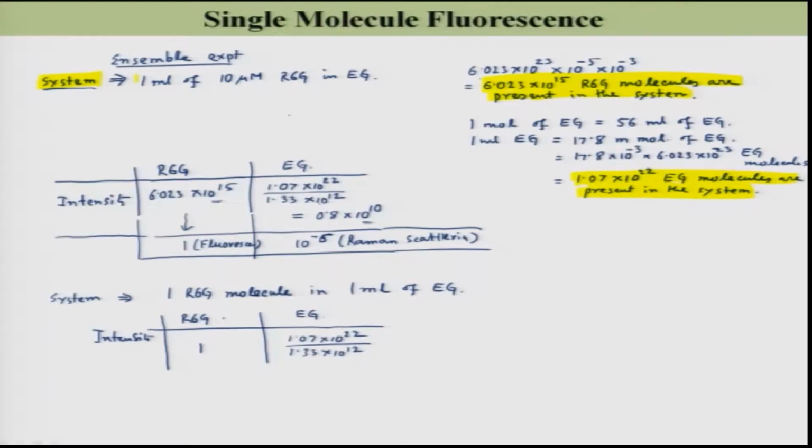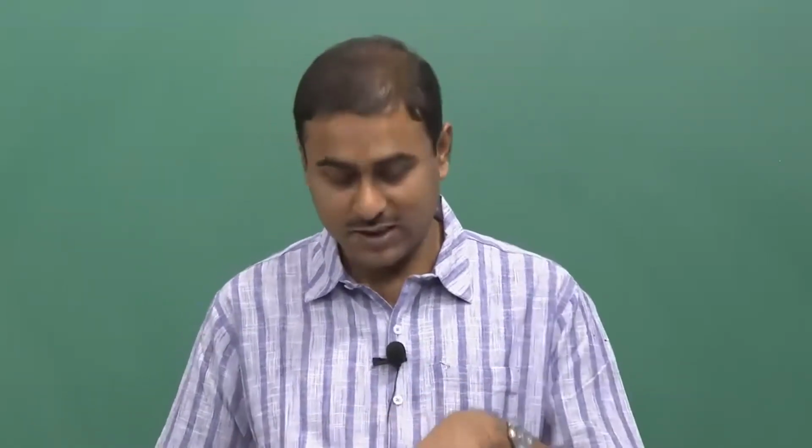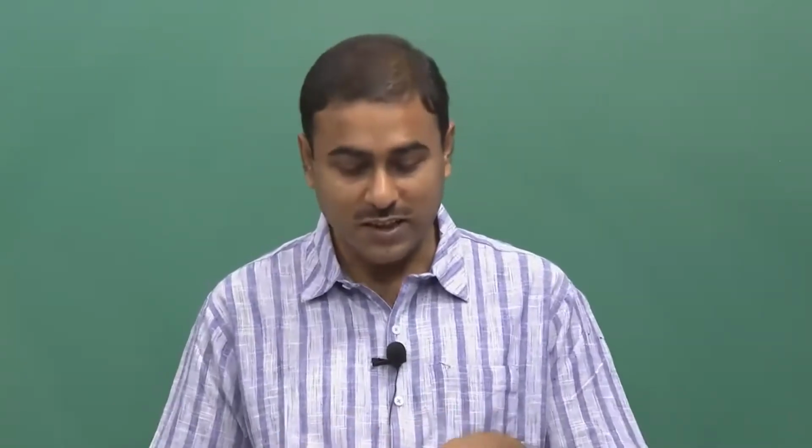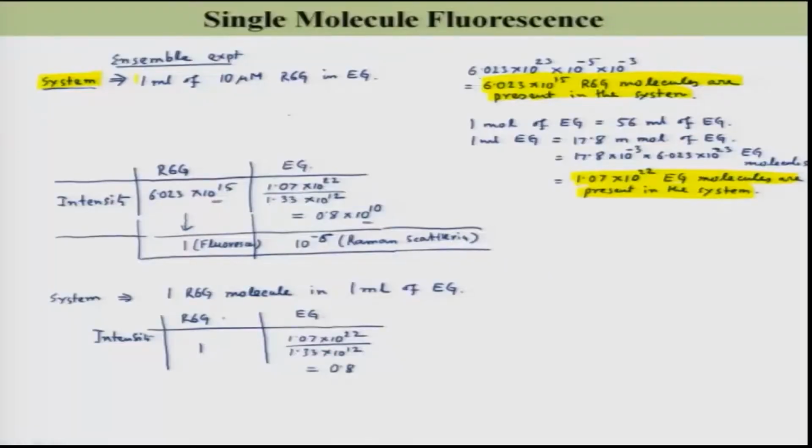Basically, this number is the same, and it has to be equal because it depends on how much ethylene glycol you have taken. In this case 1 ml, in this case also 1 ml, but here you had taken a 1 micromolar solution of rhodamine 6G. So the number of rhodamine 6G molecules was very large, 10^15, but here it is only 1. So here that Raman scattering is 0.8 × 10^10.